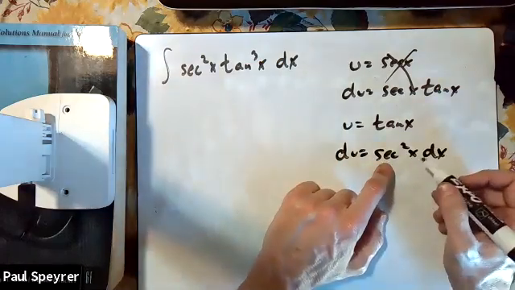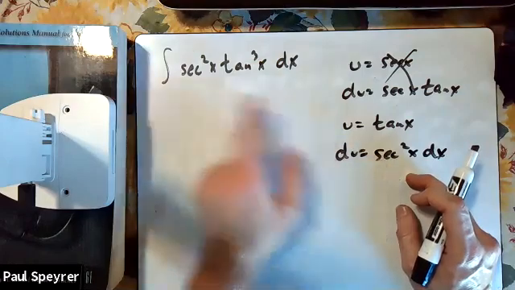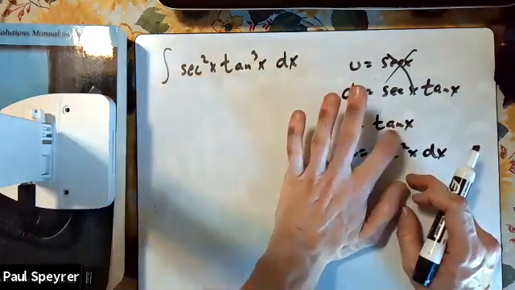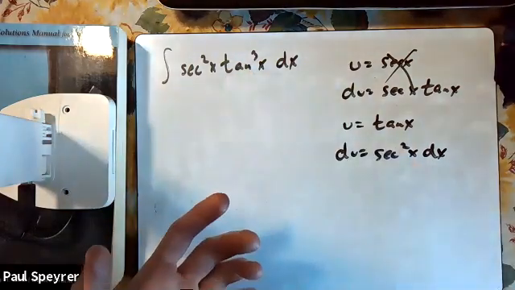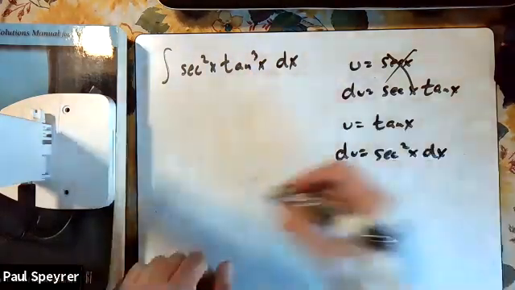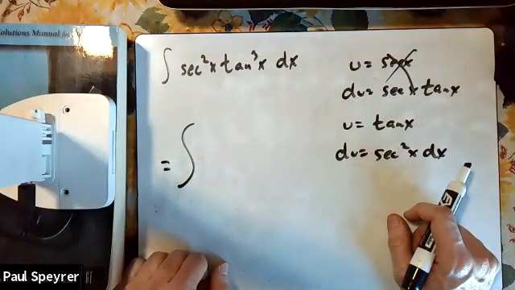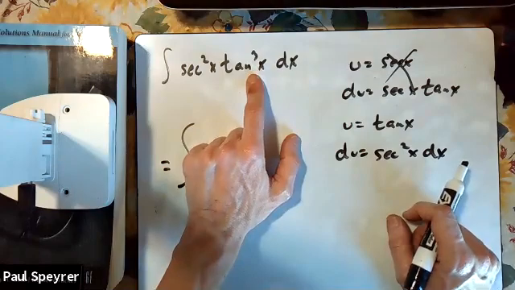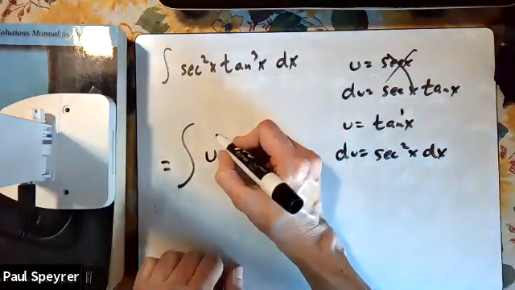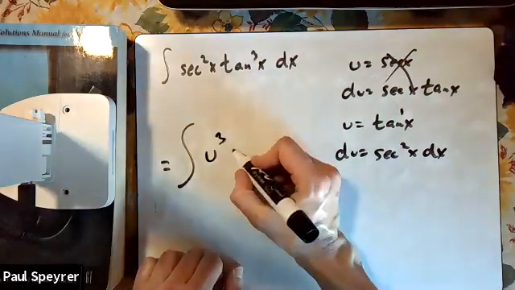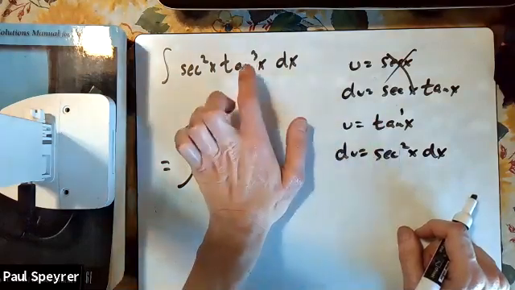That's kind of okay too, right? Because look at it. We have a secant squared. We have a tan x right here. This is tan cubed. Well, this is it, right? What happens if I take this and I rewrite it in terms of u and du? Well, if you have tan cubed and u is equal to tan to the first of x, well, that means you have a u cubed du. Check it out, right? Because look, u is tangent.